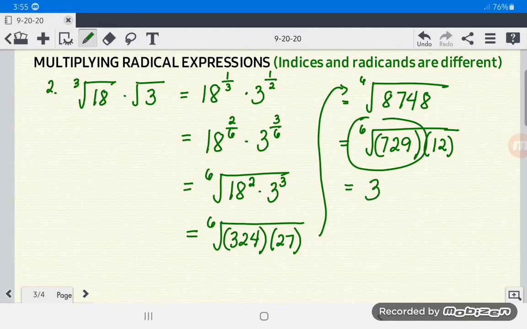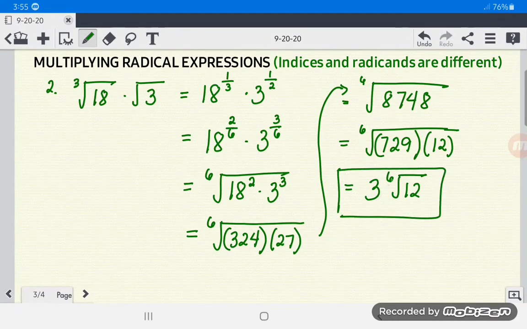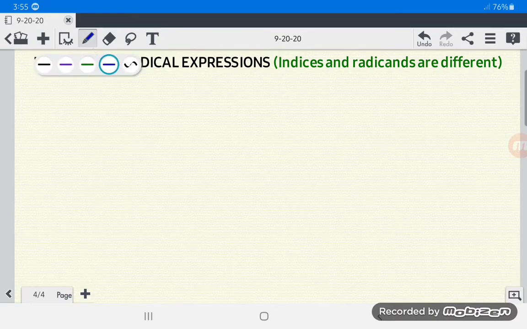Then, you just copy the 6th root of 12. So, the answer for number 2 is 3 times the 6th root of 12.